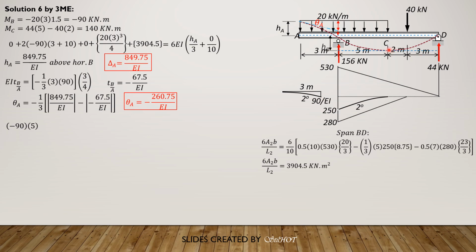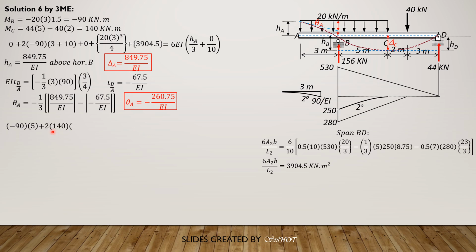So this is the horizontal line through C. This is HB, this is HD, and this is delta C. So horizontal line through C to original x-axis is delta C. Take note that HB equals HD.